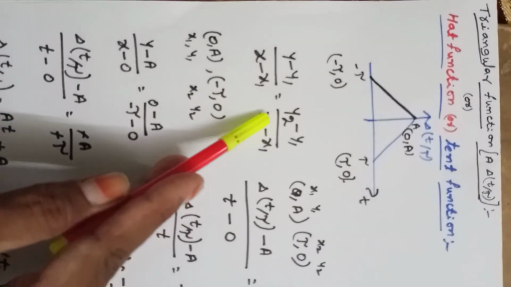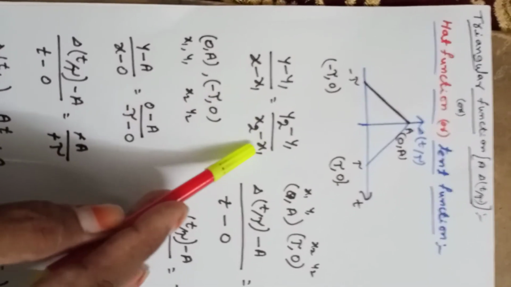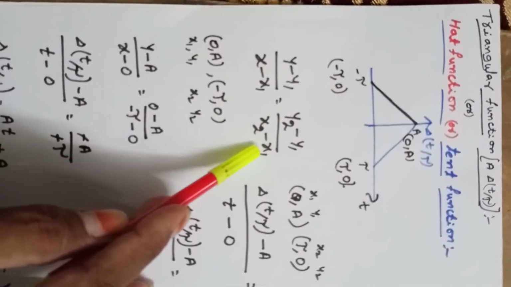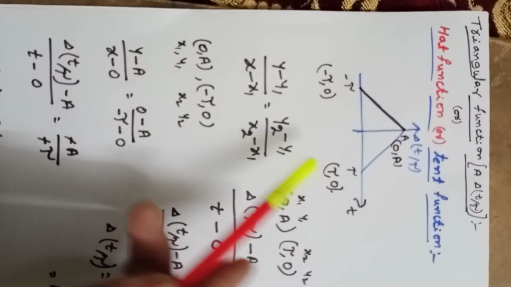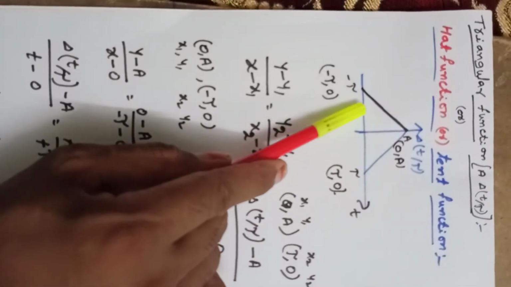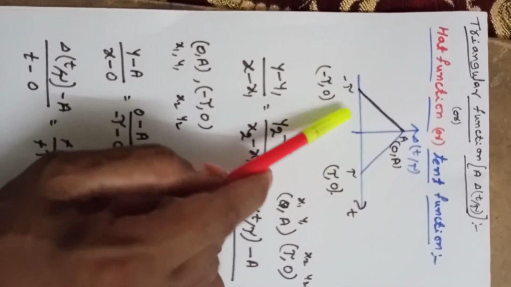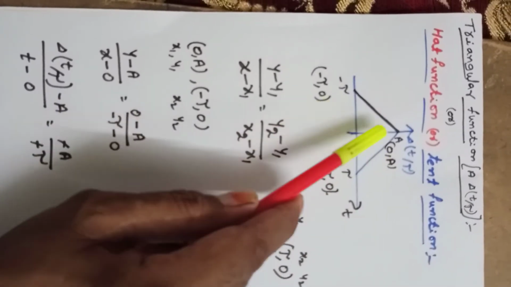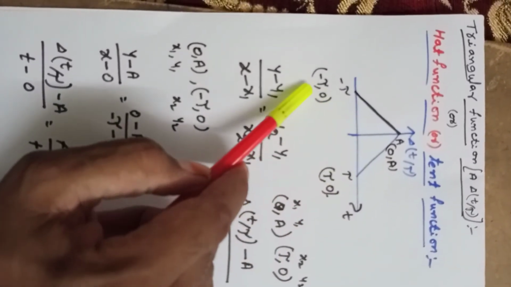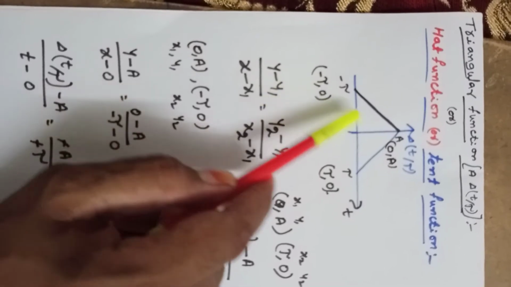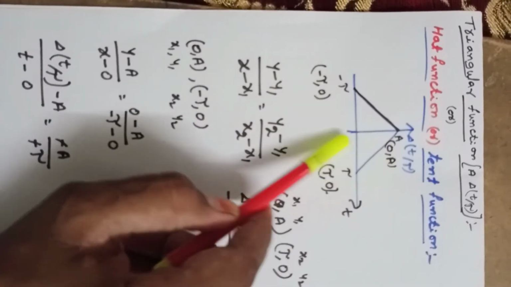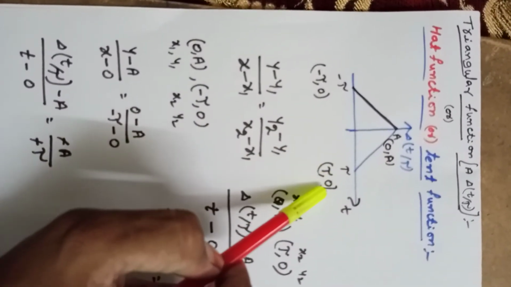Using line equations, we find the mathematical representation. In this triangle, on the left side and right side, we find the points for the line equations: on the left side minus tau comma 0, on the y axis 0 comma A, and on the right side tau comma 0.